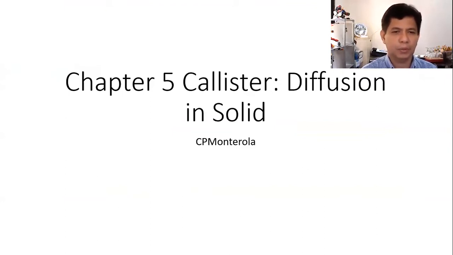So why do we need to have some information regarding diffusion in solids? So for example, if you heard of carbon steel. Carbon steel is basically iron with carbon. If you still remember the crystalline structure of metals, for example, iron is an FCC.